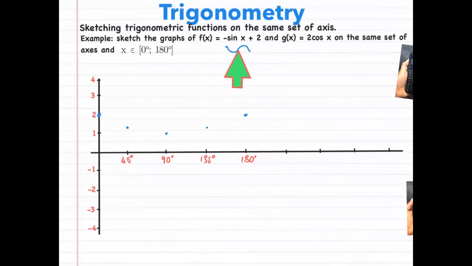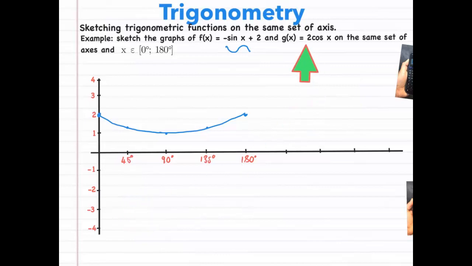It takes 360 for an entire function to complete itself. So this will just have this bottom turn. Basically this graph will just look like this. We're going to go down, and then there's the turn at the 90, and then it's going to go up to there. That's basically all that we are going to draw.